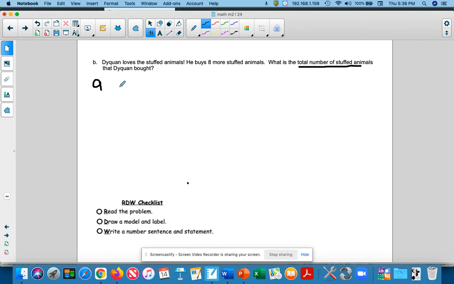So I'm going to start out by drawing my 9. So I have 1, 2, 3, 4, 5, 6, 7, 8, 9. Wow, you know what I'm thinking? I'm thinking I almost have 10 here. If I have my addition sentence, I have 9 plus 8, and I want to find out what that is.